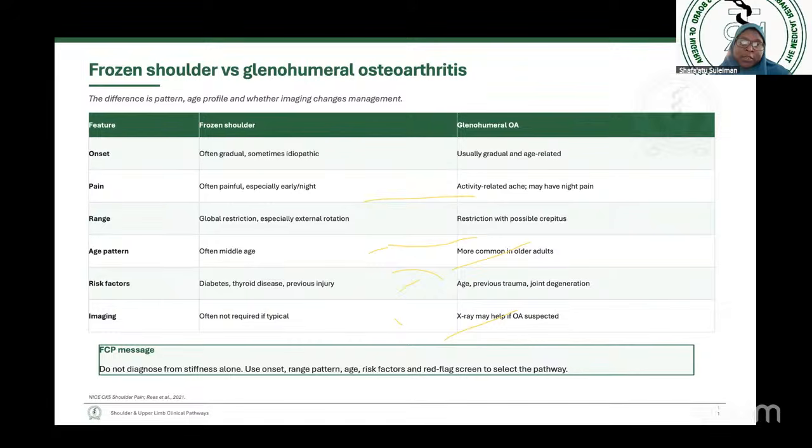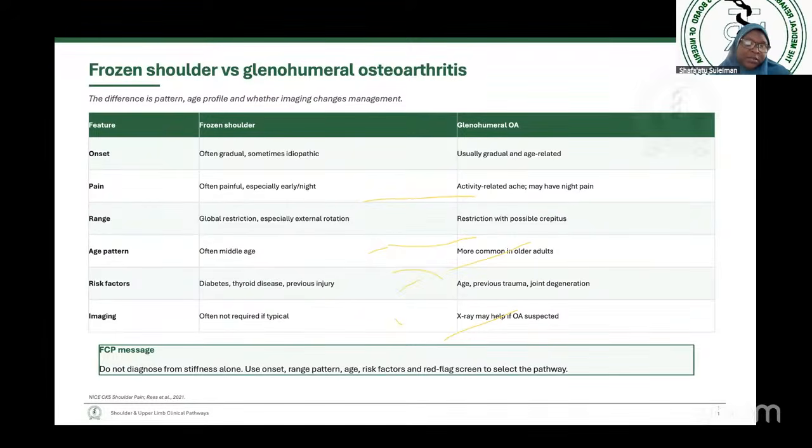Glenohumeral osteoarthritis is more activity-related aches, and it may also have a night pain pattern. Then the range of movement in frozen shoulder is a global restriction, especially with external rotation. In glenohumeral osteoarthritis, there is still restriction, but there could be crepitation in the joint.